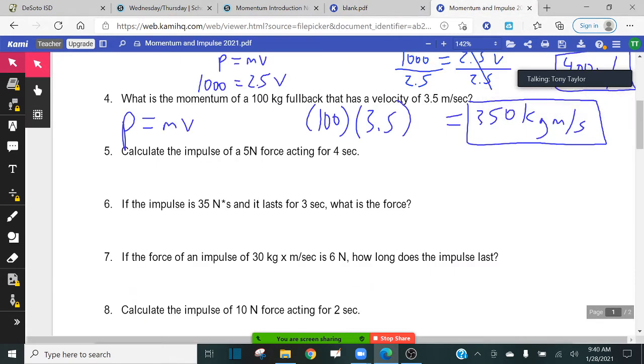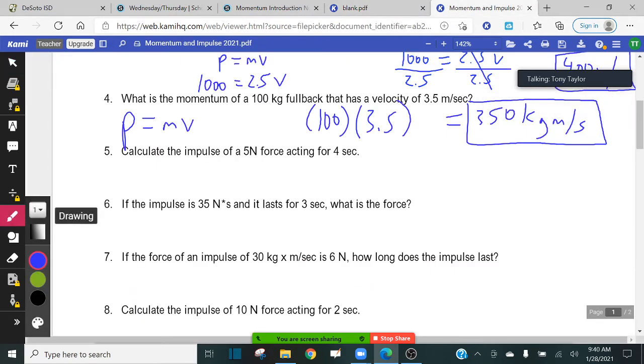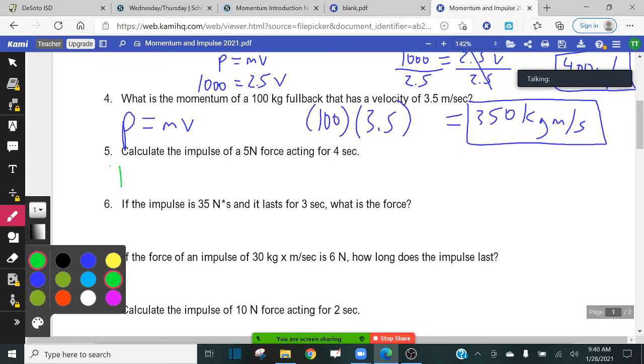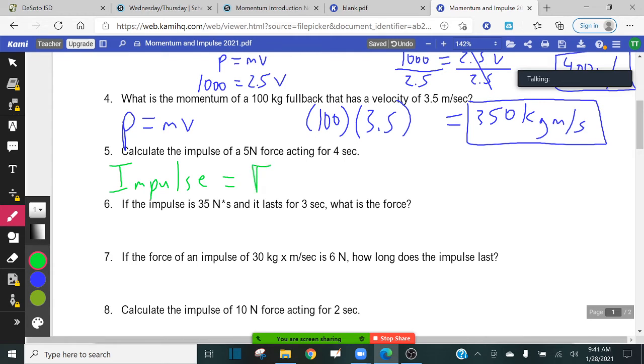So impulse is equal to force times change in time, or force times delta t. That's just another way of saying how long the force is acting. If I have a 5 Newton force acting for a total of 4 seconds, that's the time interval. So what is 5 times 4? It's easy. Yep, 20.